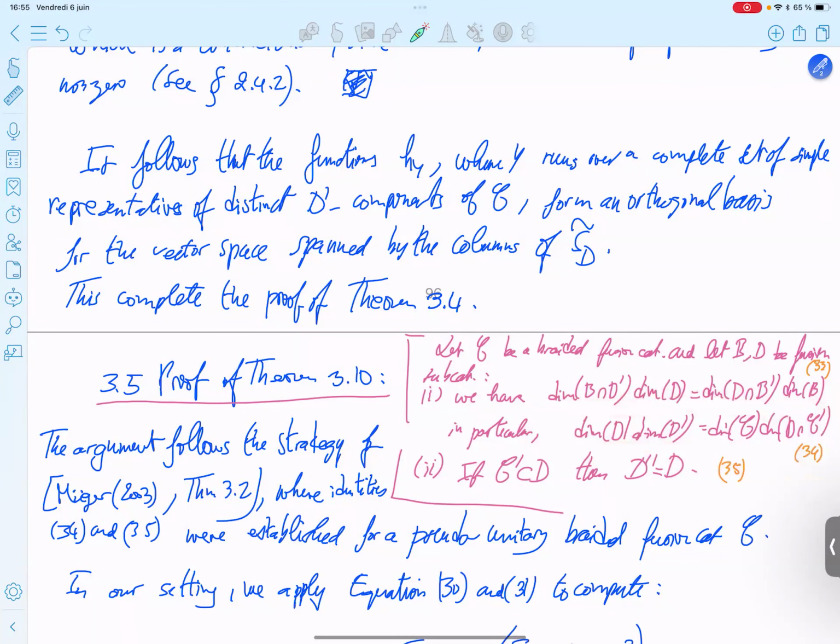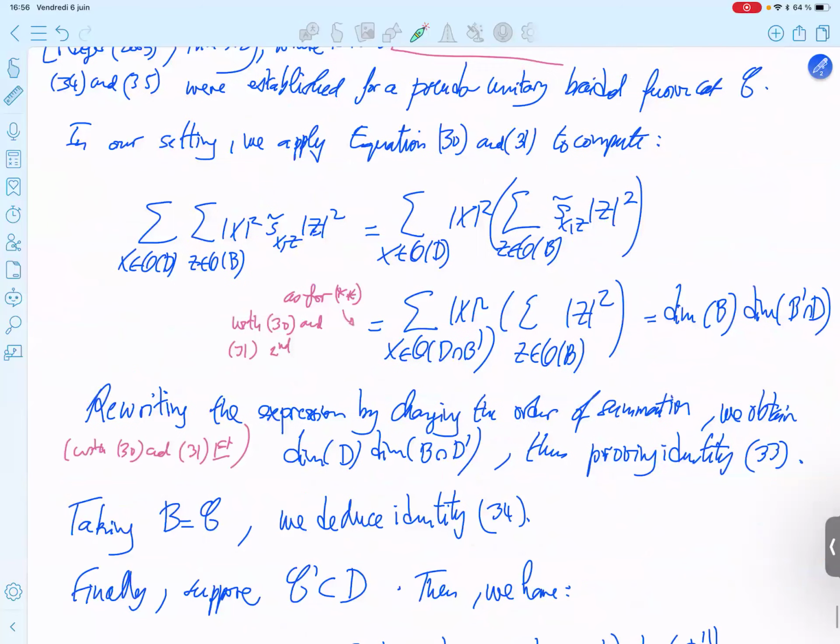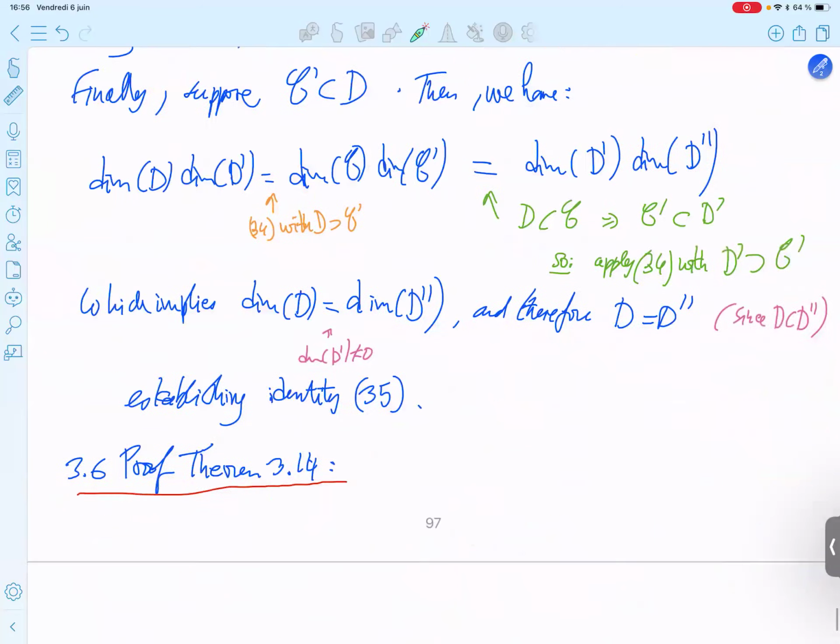I am not saying that we don't assume pseudo-unitary. If it's pseudo-unitary, by definition, you have this identity with Frobenius bound dimension. But if it is not pseudo-unitary, a priori, you don't know. You cannot deduce this identity for the Frobenius bound dimension because it's not pseudo-unitary. So this is the main point. This is what this theorem will prove.